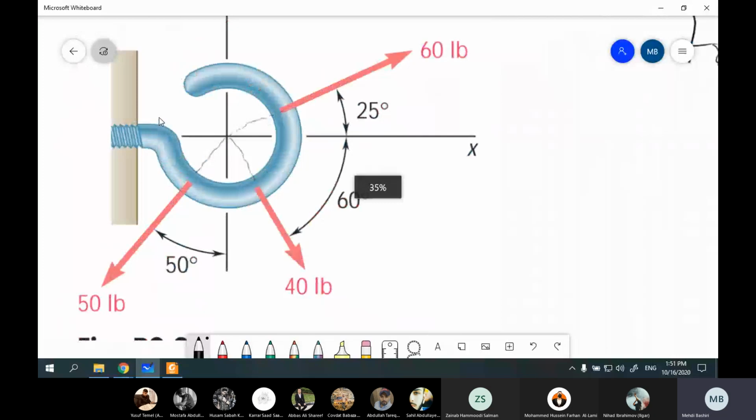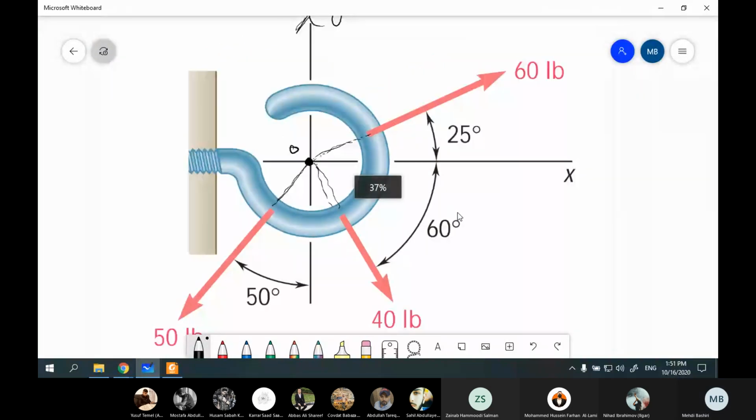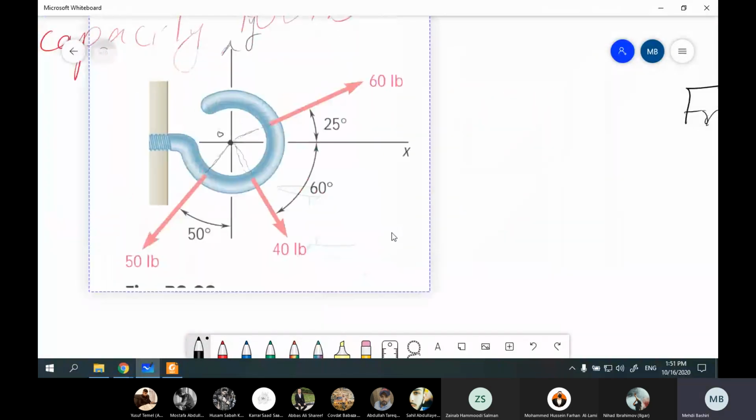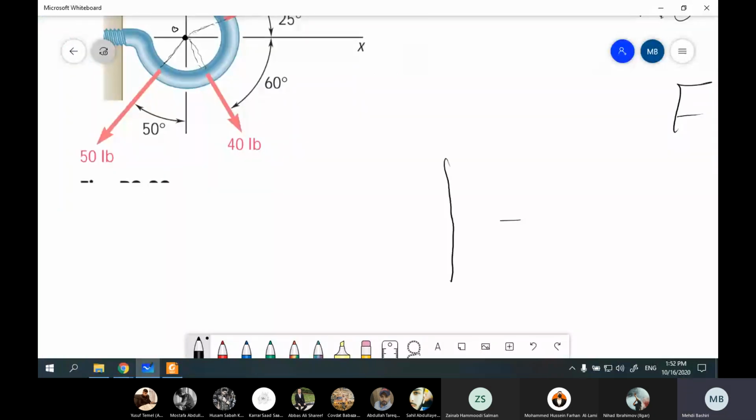You can see that if I continue this vector, this direction, and this direction, all these forces meet each other at this point. I call it O. So in this case, I have point O at the center of my coordinates.